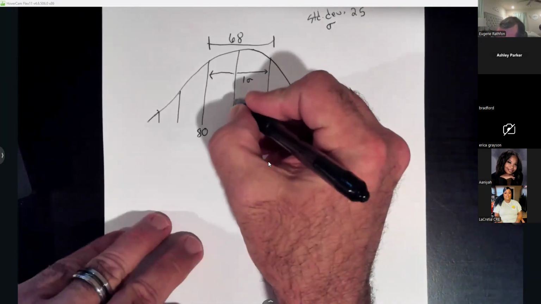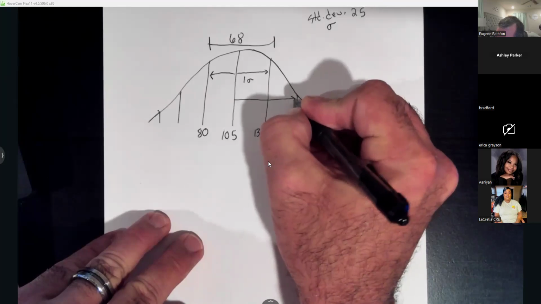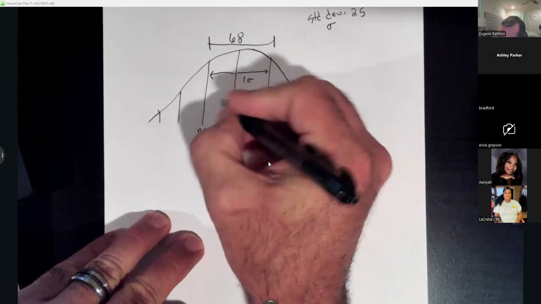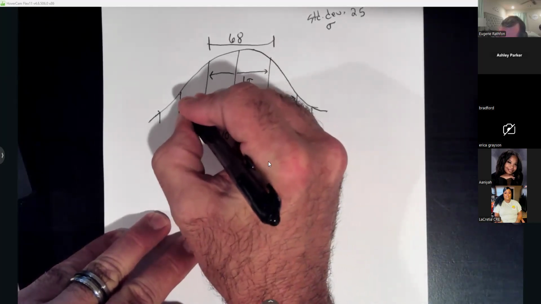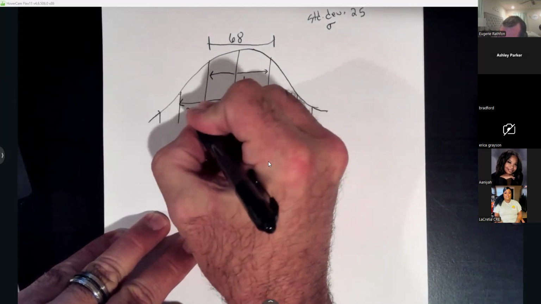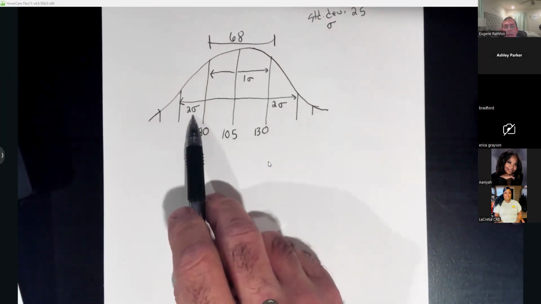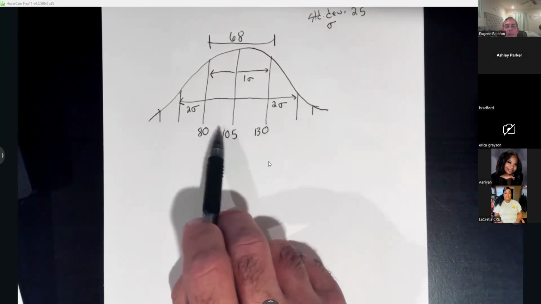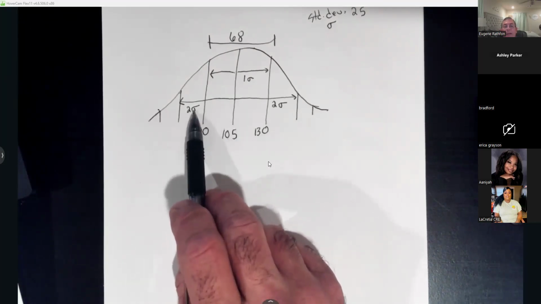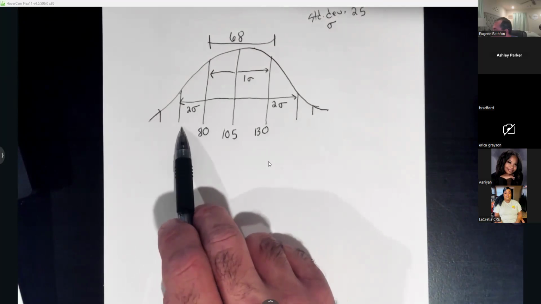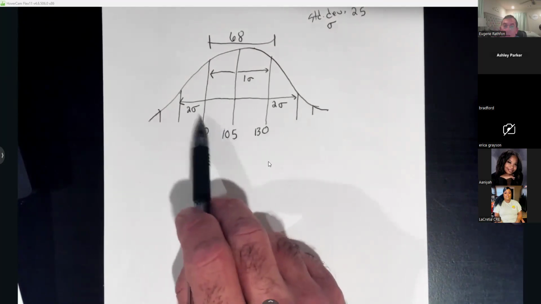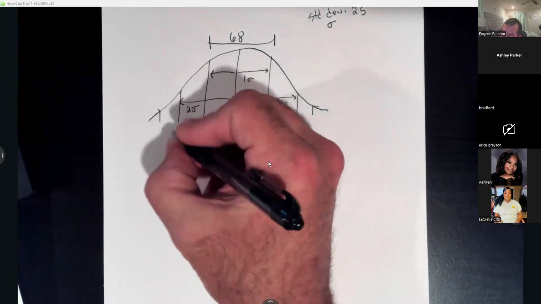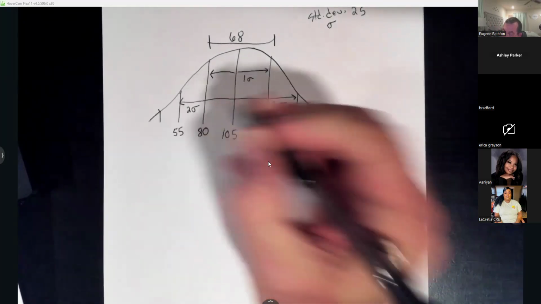Now let's do two standard deviations. And we'll go both directions. So two standard deviations off the mean means we'll subtract another 25. So y'all, subtracting another 25 from 80, you get 55.